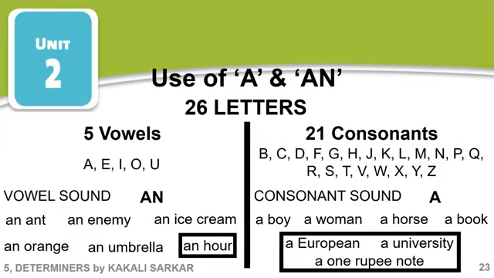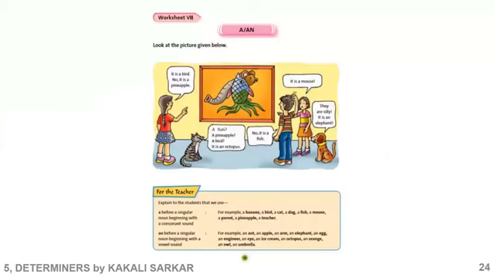Now let us go to your exercise book, children. Here is a picture, and see, children, there is a confusion among these children. In the picture, there is a trunk like an elephant, a face like a mouse, a body like a fish, and the lower portion looks like a pineapple.